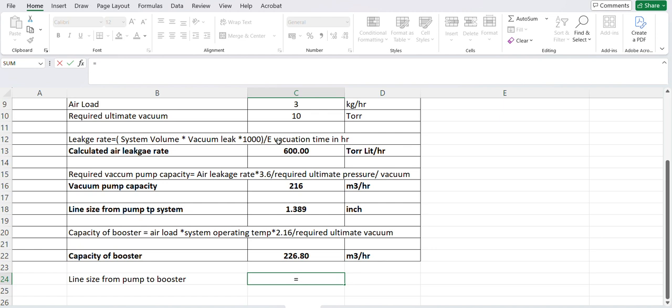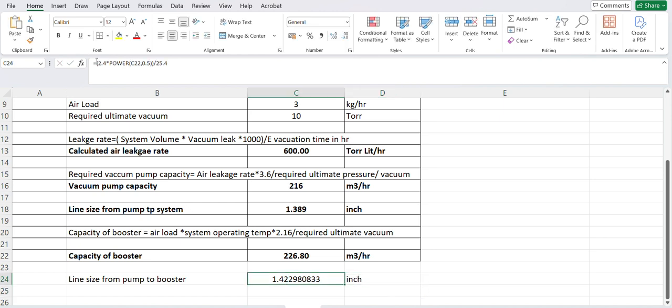We calculate the booster pump capacity calculated here, to the power of 0.5, divided by 25.4, so we get the line size in inch.